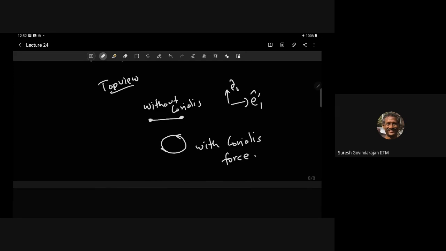Next lecture we will solve this problem in full detail, and we'll work out what the trajectory of this pendulum is and what its time period is. All these details we'll work out. The thing here is that it will depend on latitude, obviously.